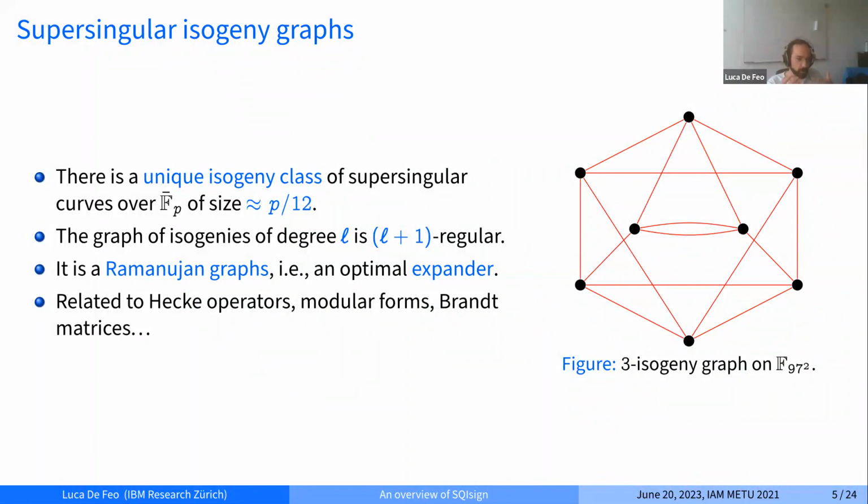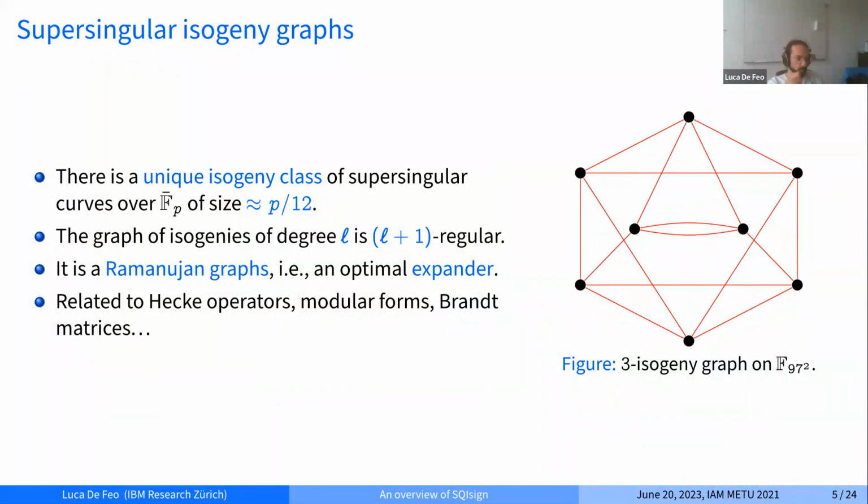And then, something that we usually like to do is to restrict to the isogeny class of supersingular curves. I will say later what a supersingular curve is. We take all supersingular curves over a finite field, and then we take the isogenies of a fixed degree between them.